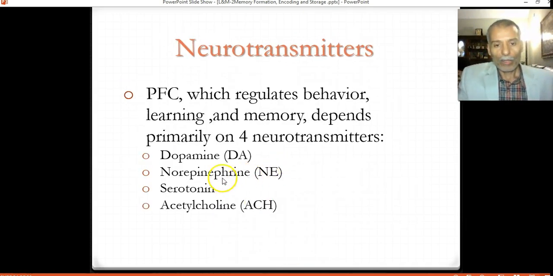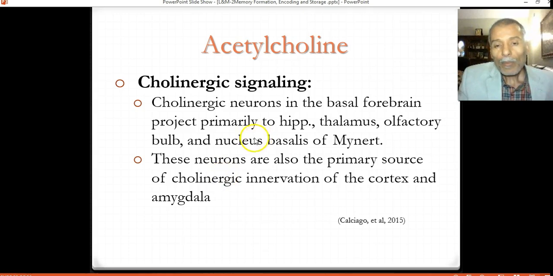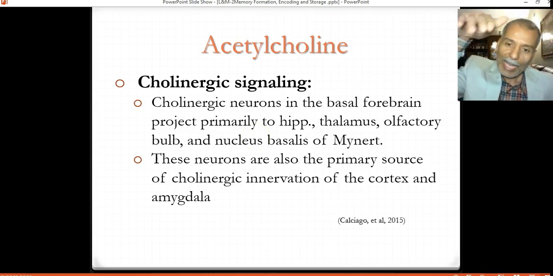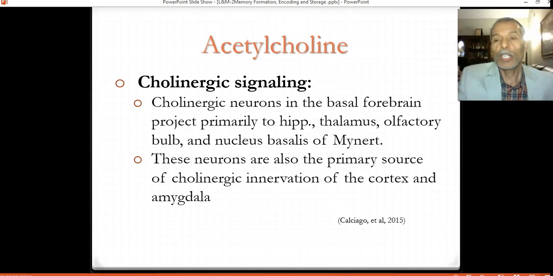So the cholinergic system there projects. It means it goes from that point down to another location, and it sends directions to the hippocampus and to the thalamus, to the olfactory bulb, which is the nerve for smell, and the nucleus basilis minor.